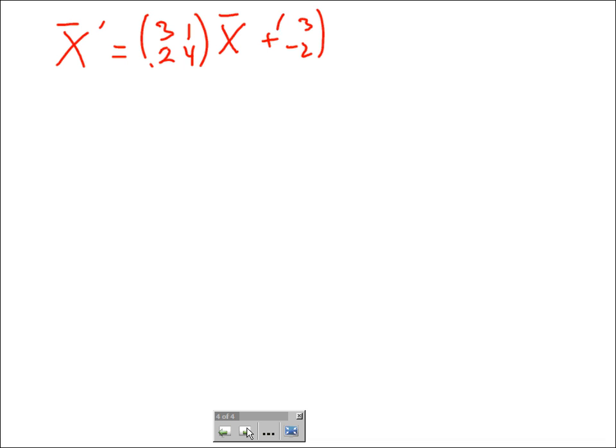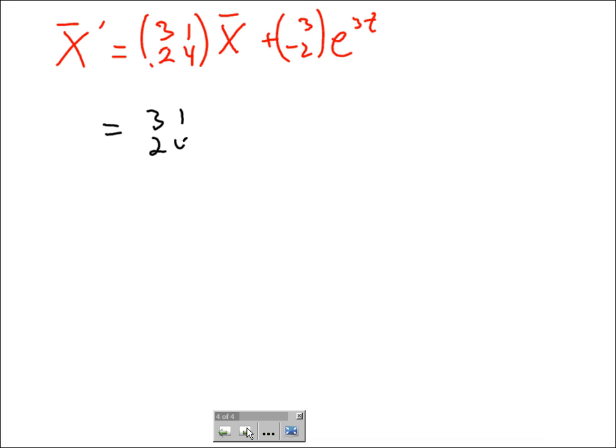Now let's reverse it. You want to write this without matrices. Suppose you come to learn that x bar prime is equal to 3, 1, 2, 4 times x bar plus 3, negative 2 times e to the 3t. Take as many steps as you need.